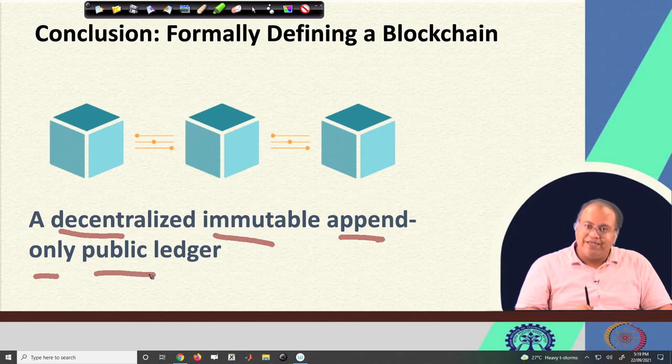These four keywords, decentralized, immutable, append-only and public, tell you the entire property that a blockchain supports.